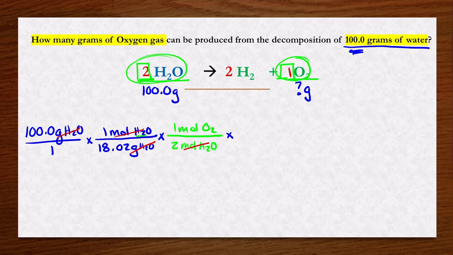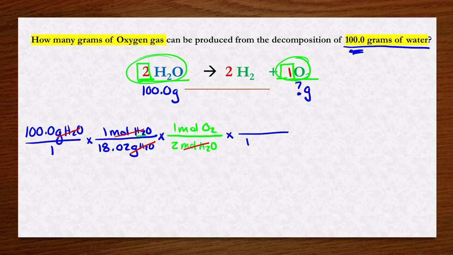But the problem wants my final answer in grams. And so I'm going to have to do one more additional step here. And I'm going to have to convert from moles of oxygen to grams of oxygen. And I do that by multiplying by the molar mass for oxygen, because now I'm in oxygen.